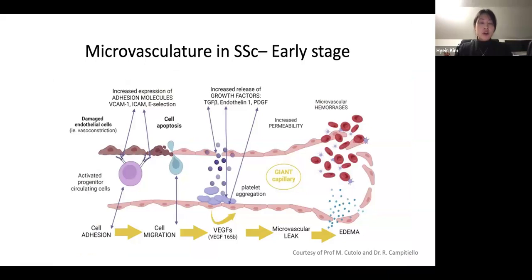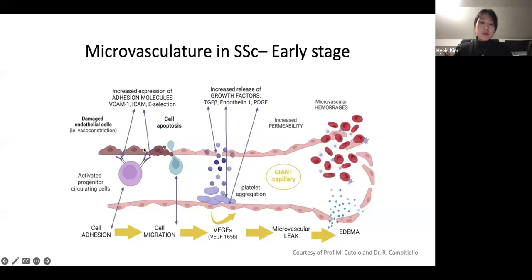And just to touch on why we are seeing this abnormal nail fold: in scleroderma, we think that the blood vessels lead to the disease status. There's a correlation between the blood vessel abnormality and scleroderma, and we feel that there is some role of the blood vessels being diseased in scleroderma pathogenesis.